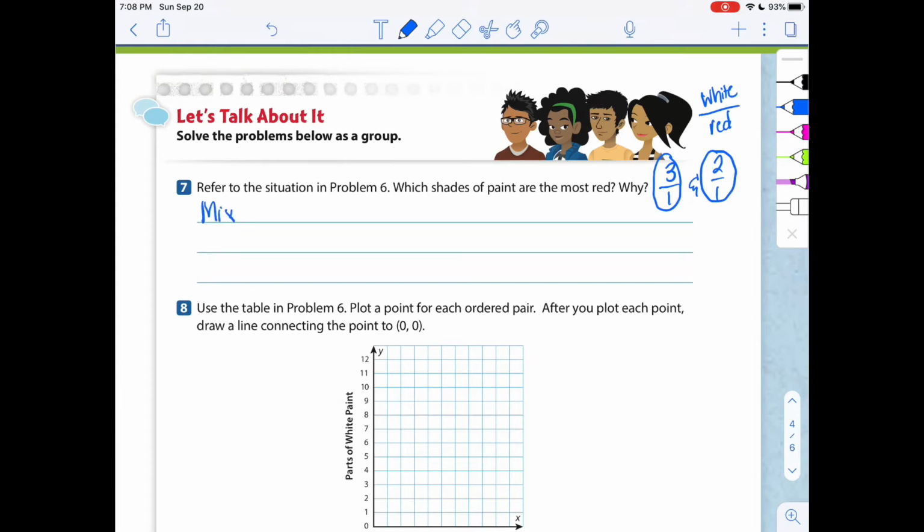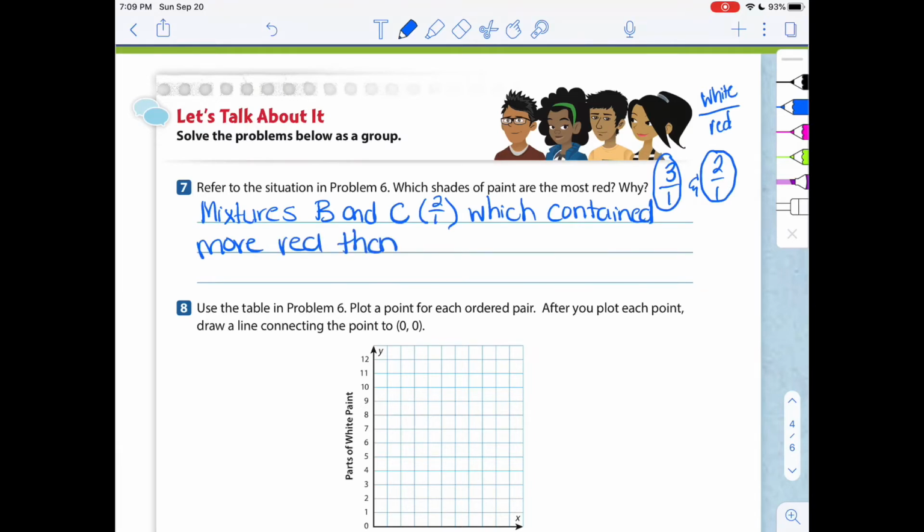Mixtures B and C would be more red. So remember, mixtures B and C had the ratio of 2 to 1, which contained more red paint than the other mixture, which was a mixture of 3 to 1 for the A, D, and E mixtures.